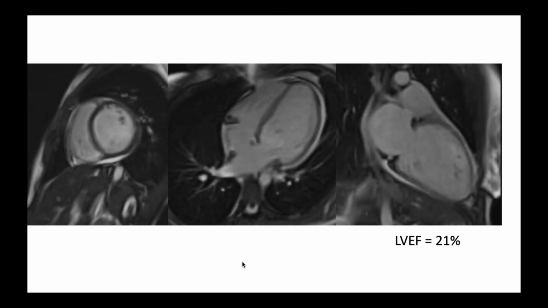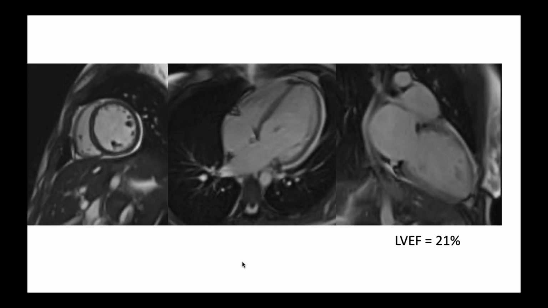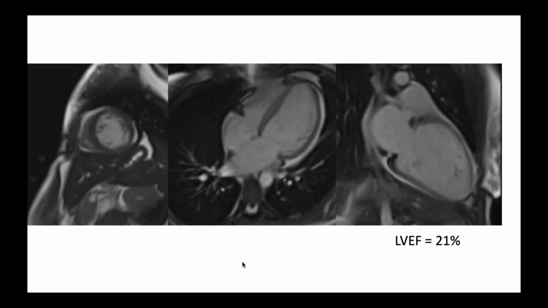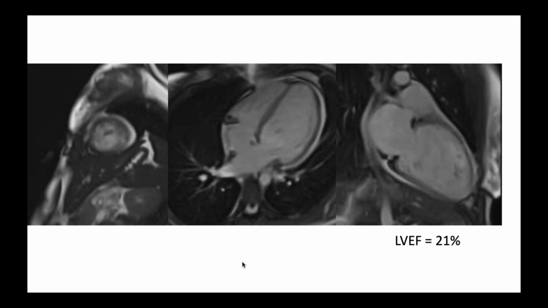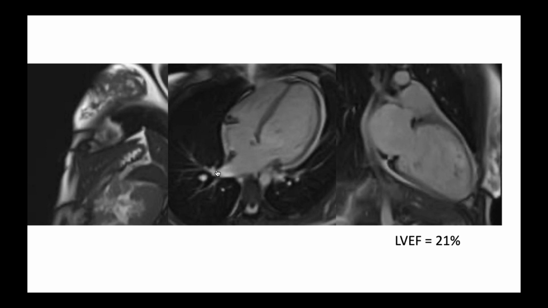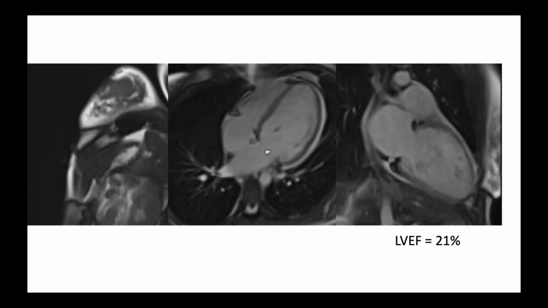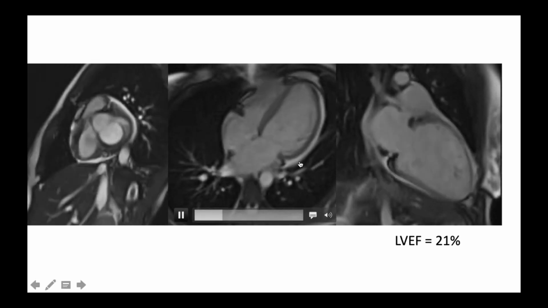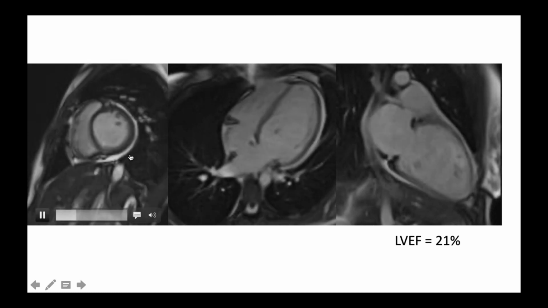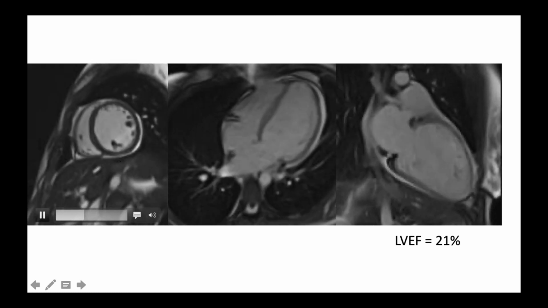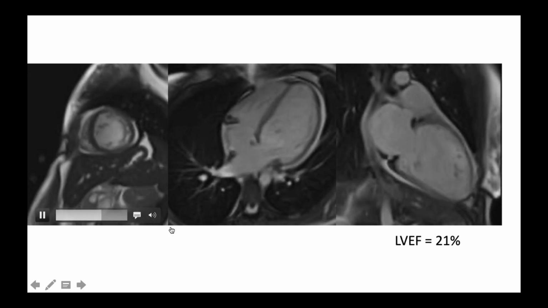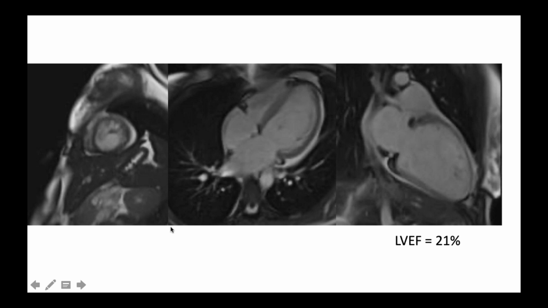just to show, at this time her EF was down to around 19 to 20%. And there's really a global hypokinesia, there's a small pericardial effusion, and I don't know if I can convince you that maybe the inferior wall is even more hypokinetic or almost akinetic as compared to the rest of the left ventricle.